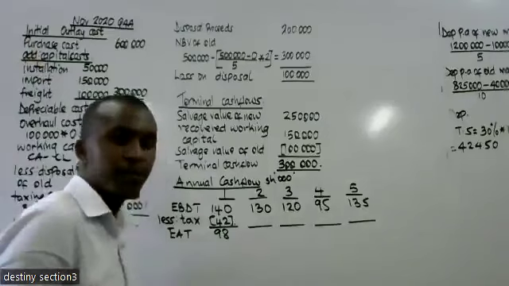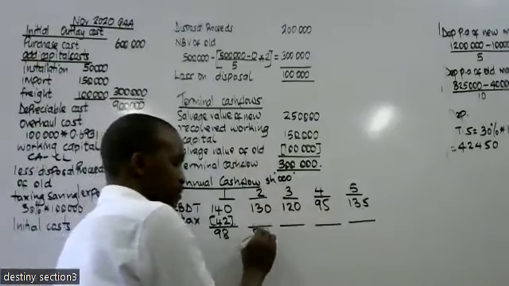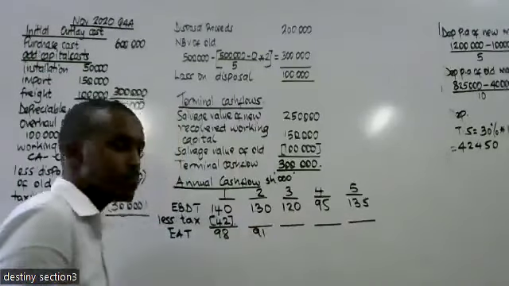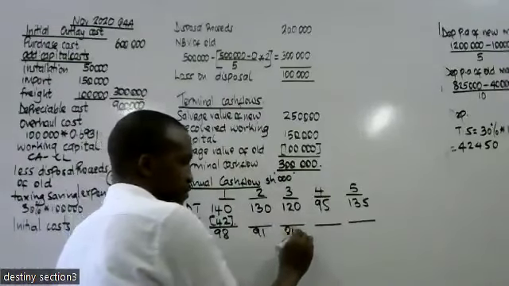Year 2, the earnings after tax is 91. Next, 84. Yes.